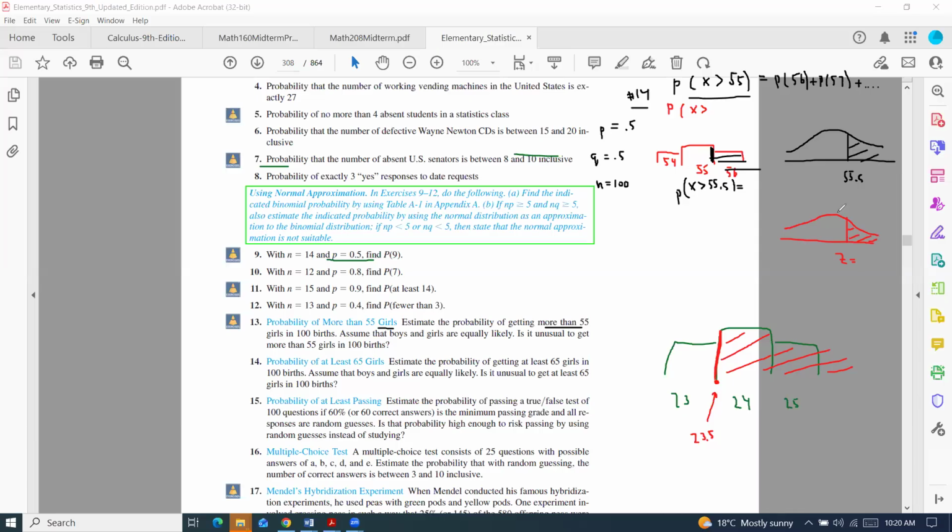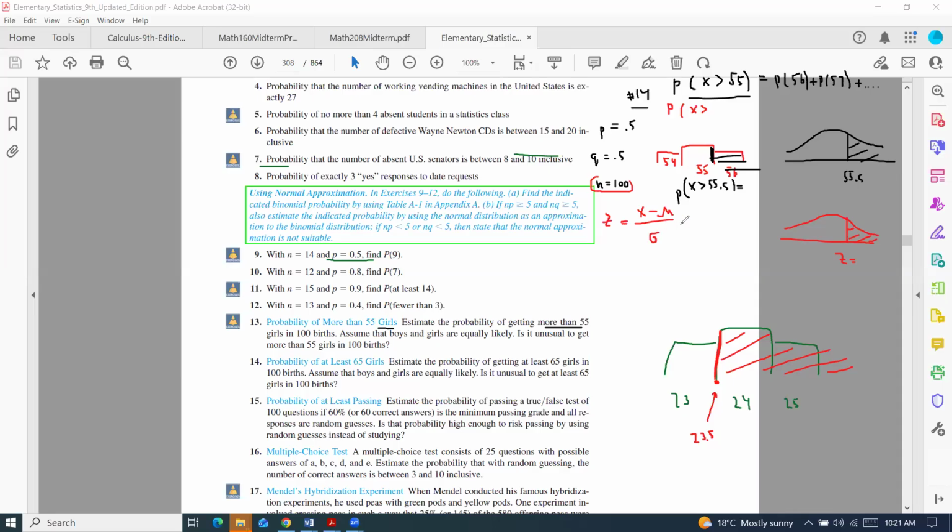So we approximated the binomial with the normal. As long as our sample size is large enough, and it is definitely large enough, then we can do that. So z-score, x minus mean over standard deviation, is what I'm using as usual.